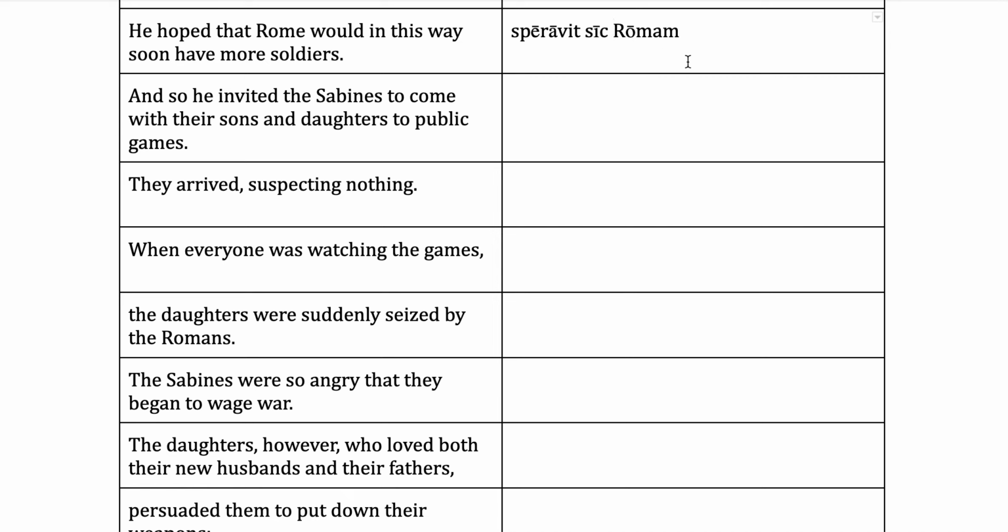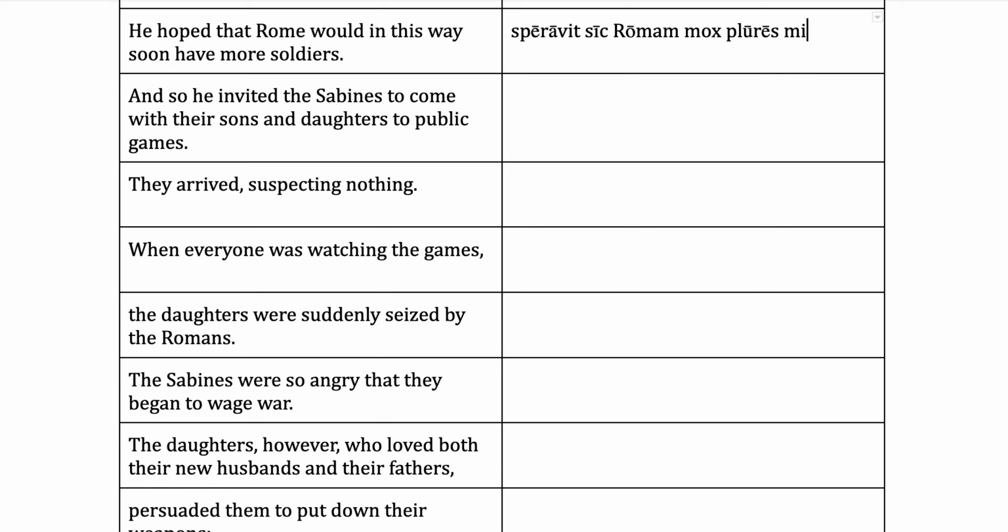He hoped that in this way Rome would soon, so now we can do soon, which is mox. And then let's do the verb at the end. So let's say more soldiers. So more is plures in the plural. And remember that in English we say more soldiers, but Latin says more of soldiers, which is called a partitive genitive, more of soldiers.